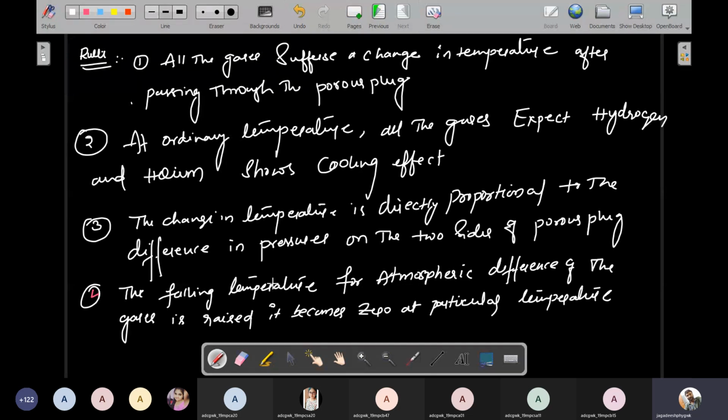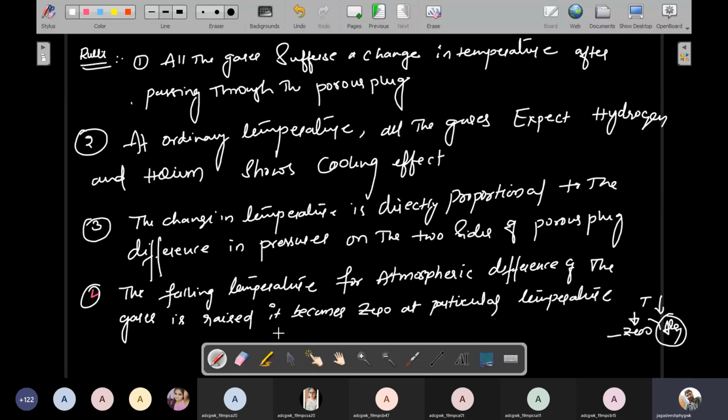But sometimes, at a particular atmospheric pressure difference, this temperature becomes like an absolute temperature.